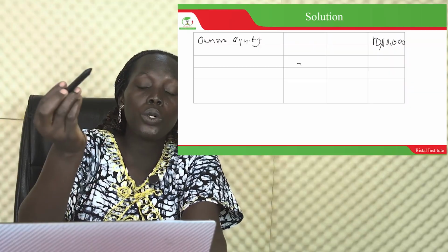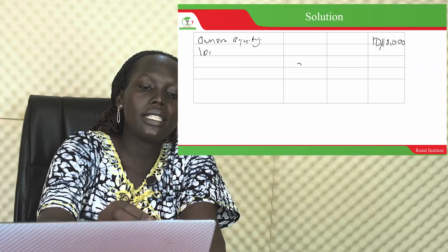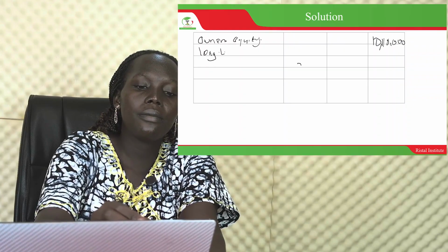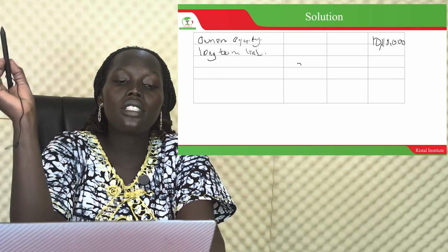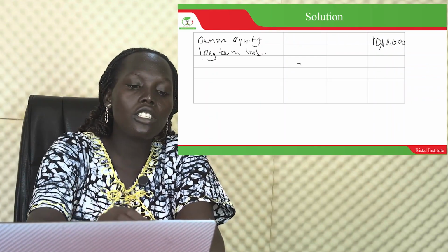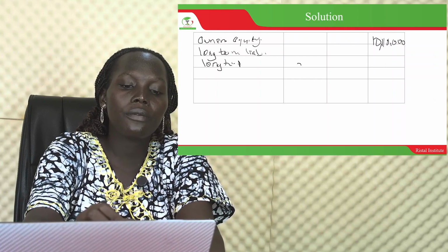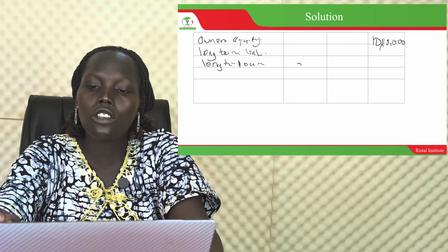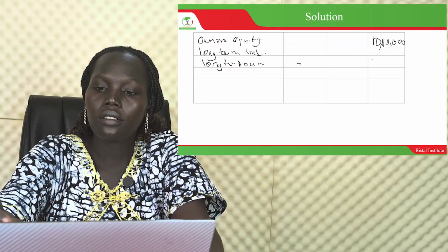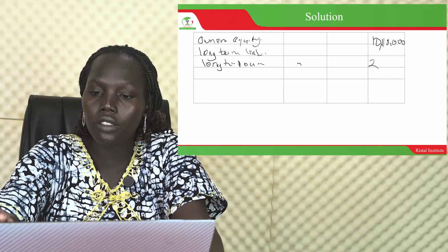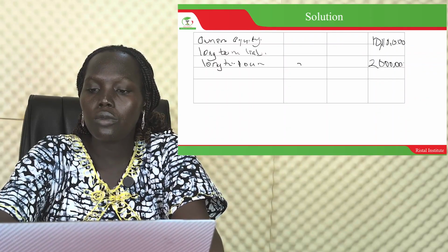So what we do, we add long-term liability. They have given us a long-term loan of 2 million.